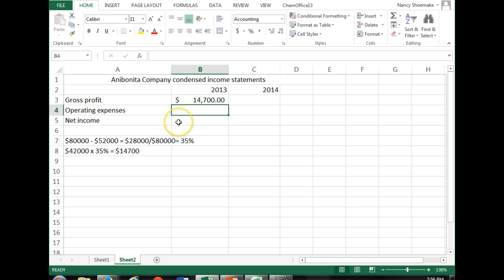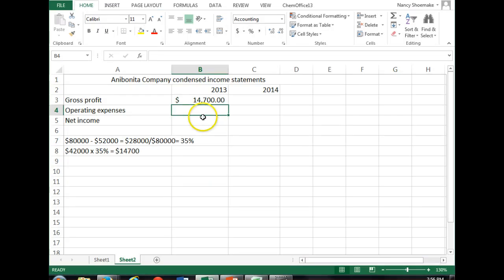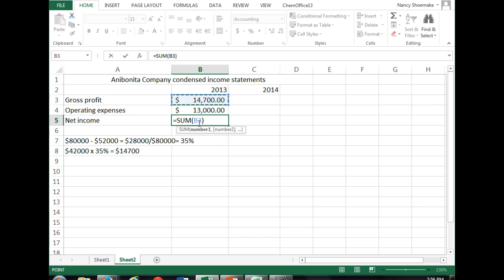And what were our operating expenses? 13,000. So our net income here is 1,700.